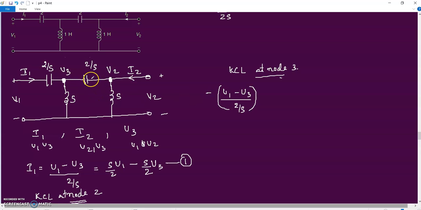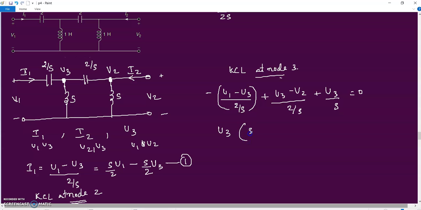Now the current in this branch is not given, so we can take it as plus (V3 minus V2) by 2/S. Next, the current in this branch, this also direction is not given, so we can take it as V3 by S is equal to 0. So now we can solve it.